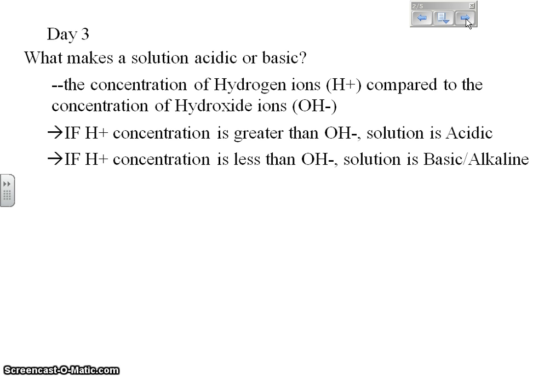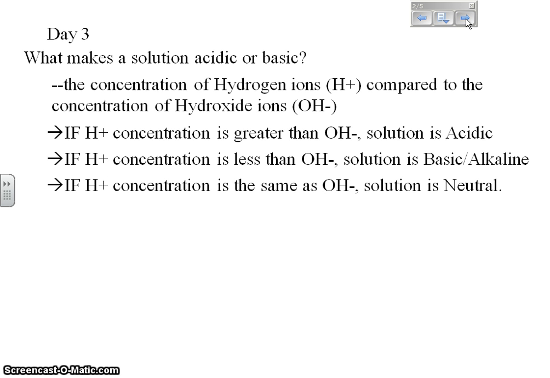So remember what concentration is. It's how much of the hydrogen ions or the hydroxide ions are in the solution. So this tug of war takes place, or this battle. If we have more H positive than OH negative, then we have an acid. If we have less H positive than OH negative, then we have a basic solution or an alkaline solution.